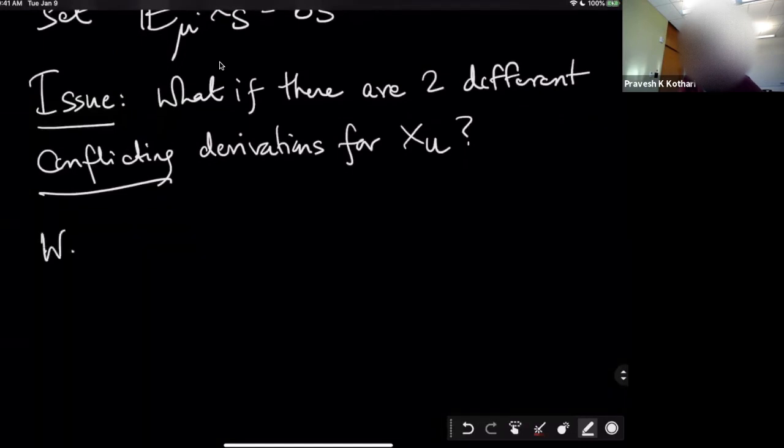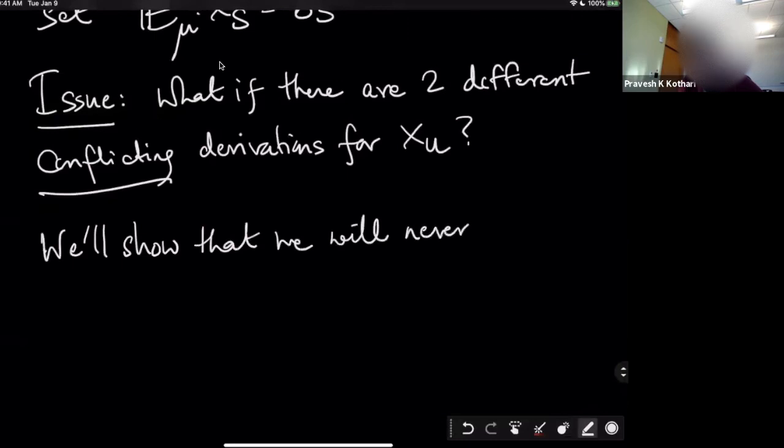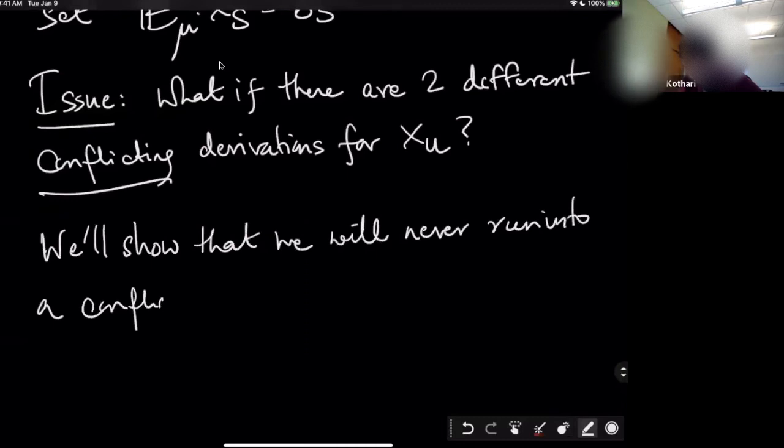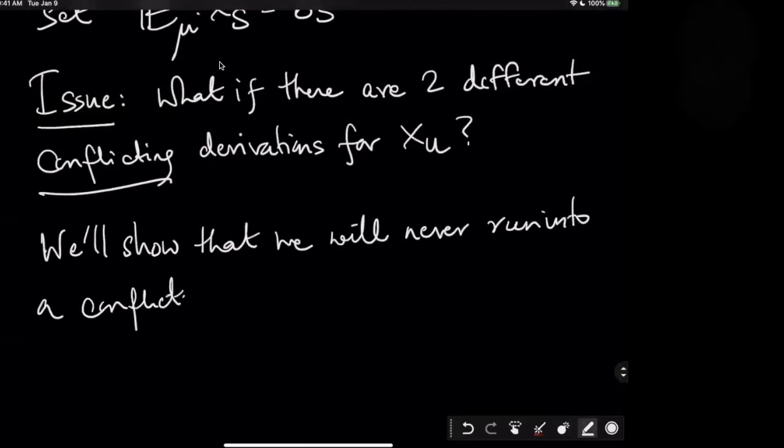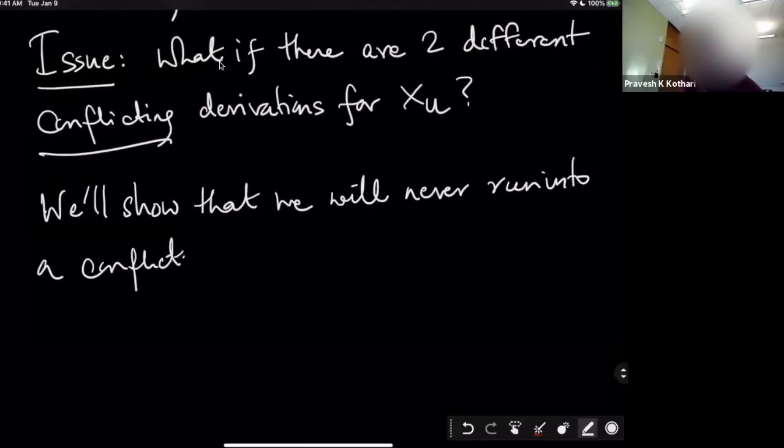So we'll show that we will never run into a conflict. Is this with high probability? Good. Yes. This is going to be with high probability over the choice of the random instance I_n. Jason is absolutely right.